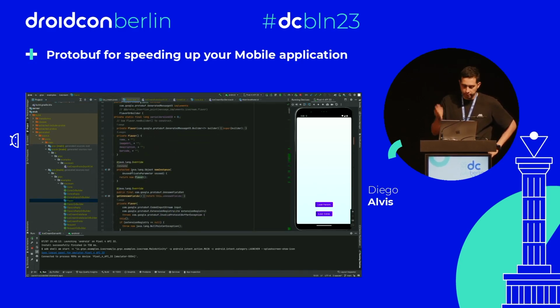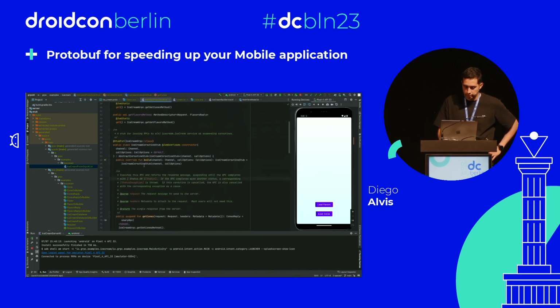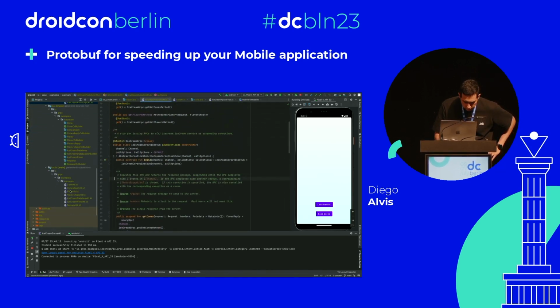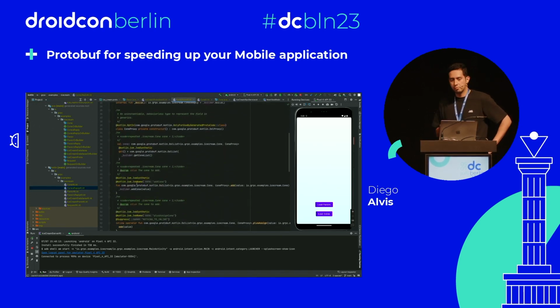It's Java code, but you also have some classes generated in Kotlin, like these ones. You can take a look at them later. They are basically just auto-generated classes.